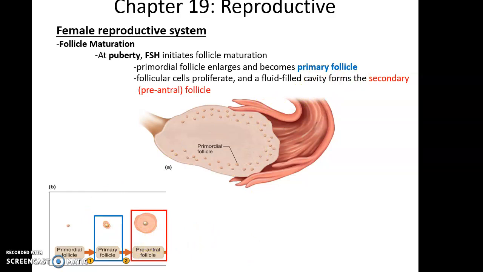And then from there, it will further develop into a secondary or preantral follicle. This secondary follicle, again, has a much, much thicker layer of follicular cells that are protecting the oocyte.